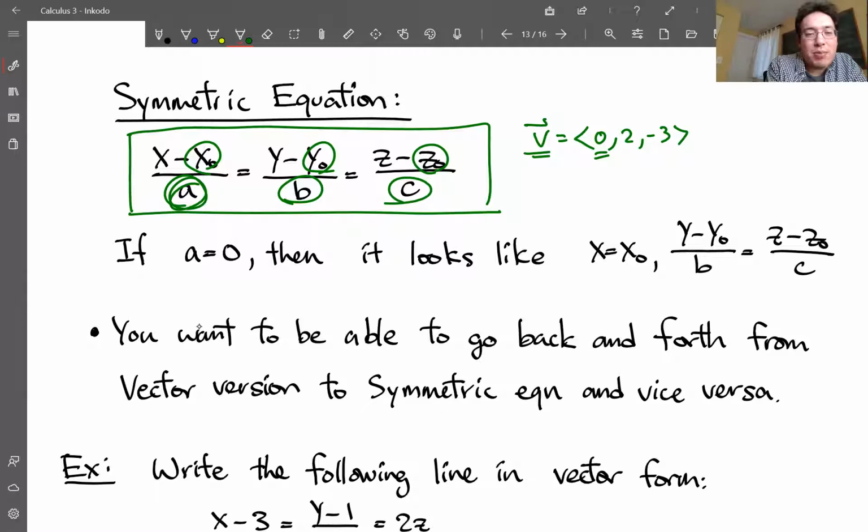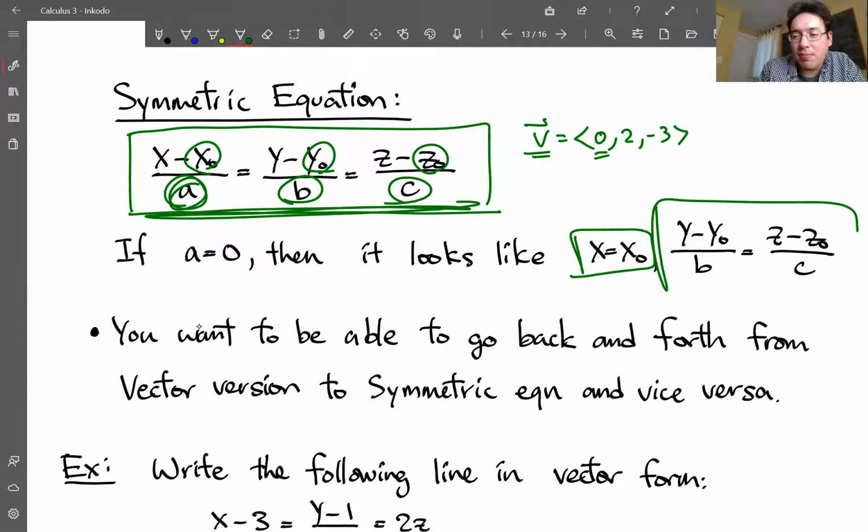So instead of writing it in this form, you write it this way instead, right? If it's not changing at all in the x direction, then you write x is equal to x naught, whatever the fixed value of x is, and then the other two components you can set equal to each other. So that's how you'd get a symmetric equation when one of the components is 0.